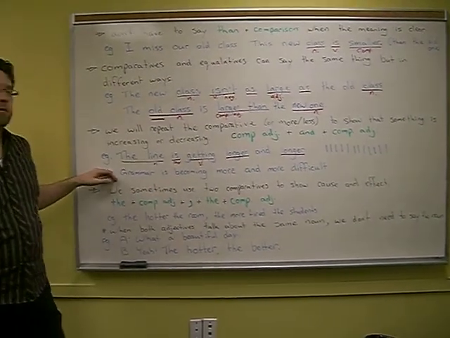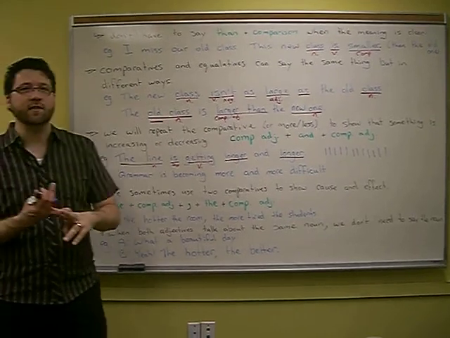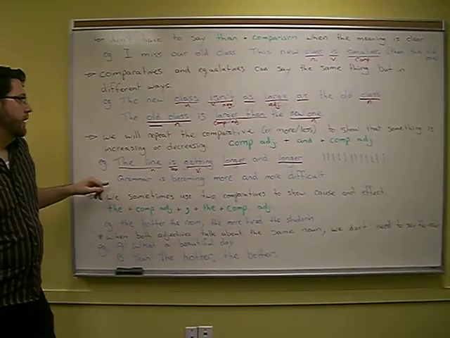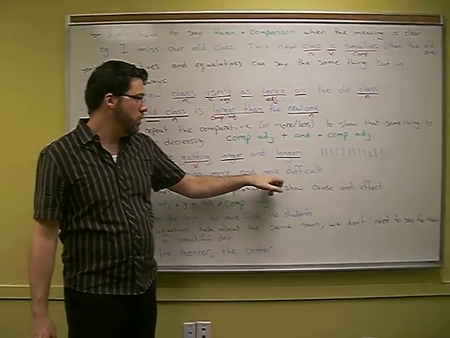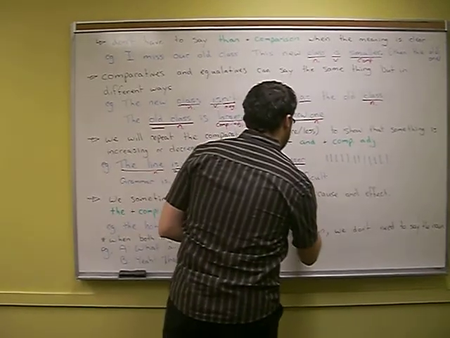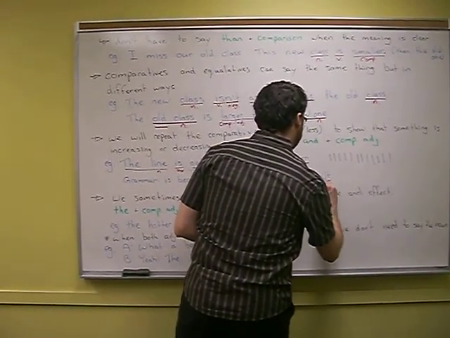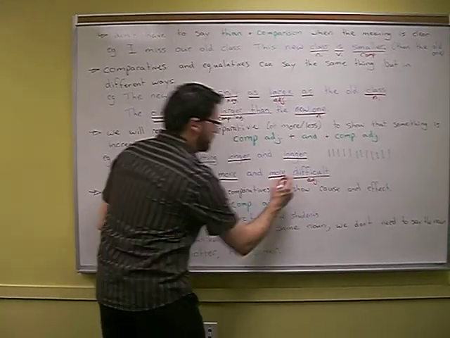Another example, as you keep going, you go to grammar 5, and then grammar 6, and then grammar 7. You might say grammar is becoming more and more difficult. Here, because the adjective is longer, we repeat more and more.